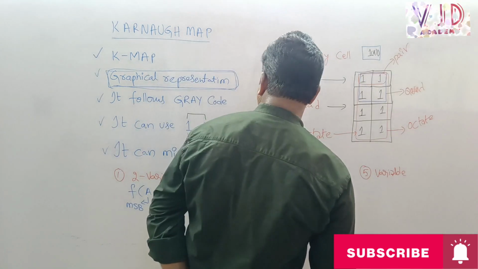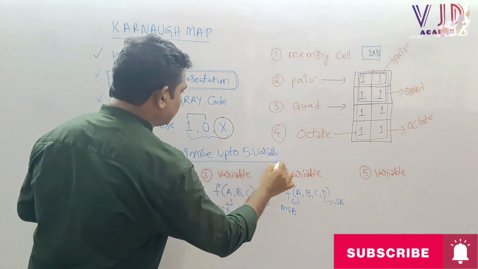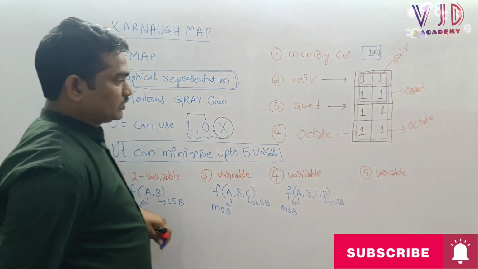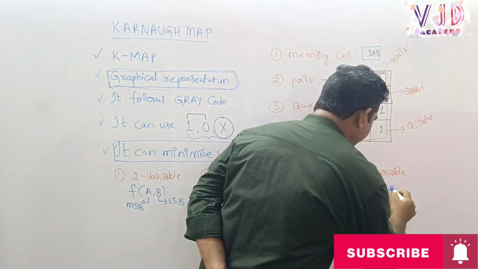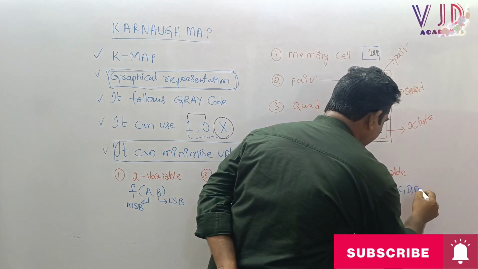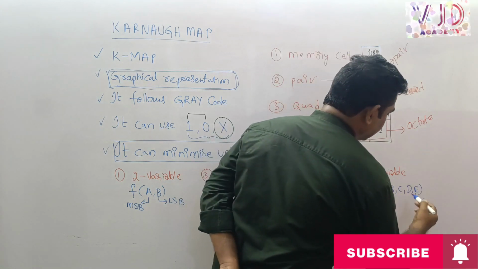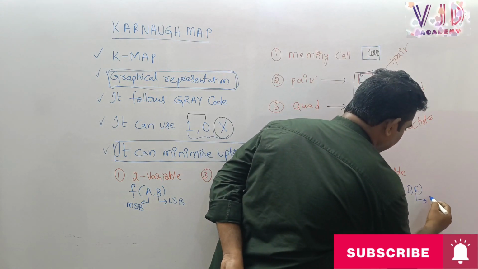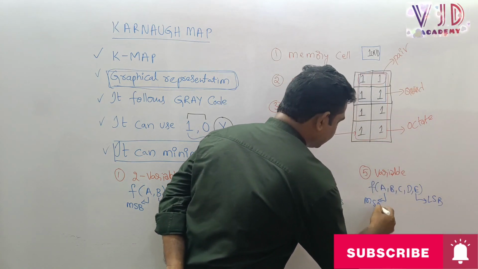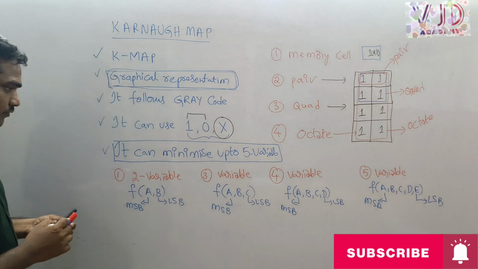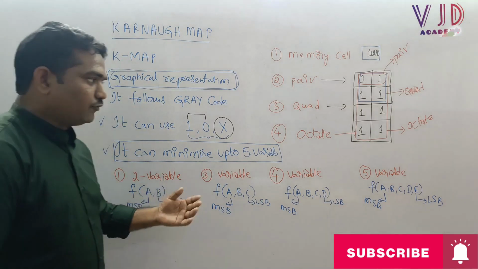Coming to 5 variables, I told you at the start of the class that K-map can be available up to 5 variables. So what is the 5 variable function? F of a comma b comma c comma d comma e also. Here this is a 32-bit K-map, and e is LSB, and a is MSB. So this is 2 variable, 3 variable and 4 variable.